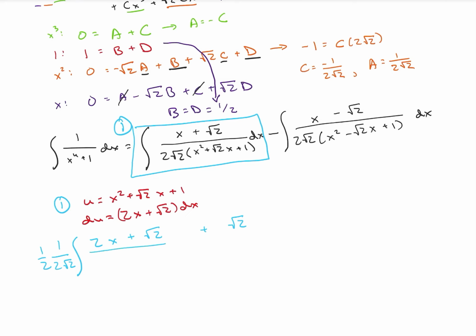This is going to be divided by x squared plus root 2x plus 1, with the same denominator over here. Since I have the sum of two things, I can split that integral into two, but remember that both of these are multiplied by 1/2 times 1 over 2 root 2.